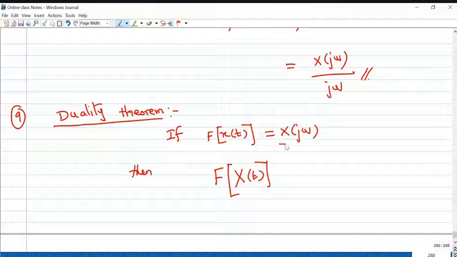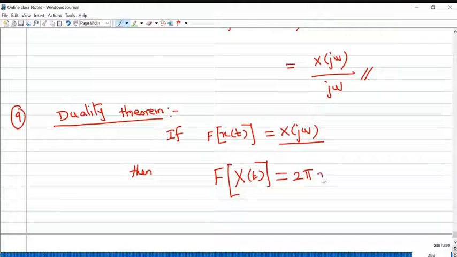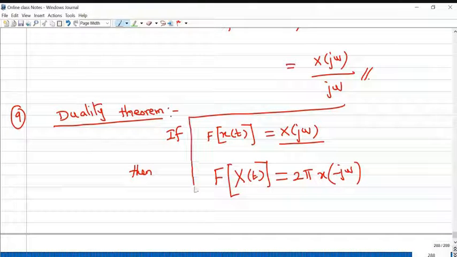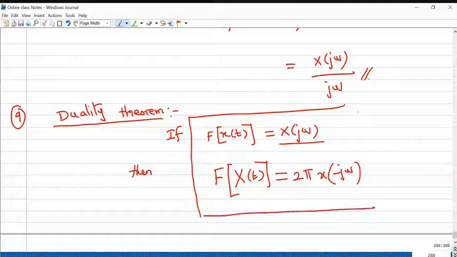From this answer, all this j omega is replaced by t. Now, if we find the Fourier transform of this particular answer, the result should be equal to 2 pi times small x, where this t is replaced by minus j omega. This theorem is very important for solving problems.